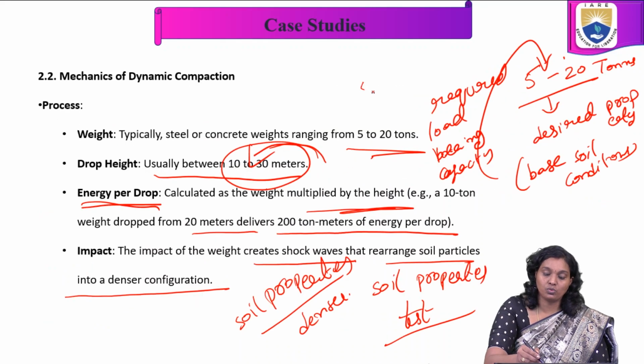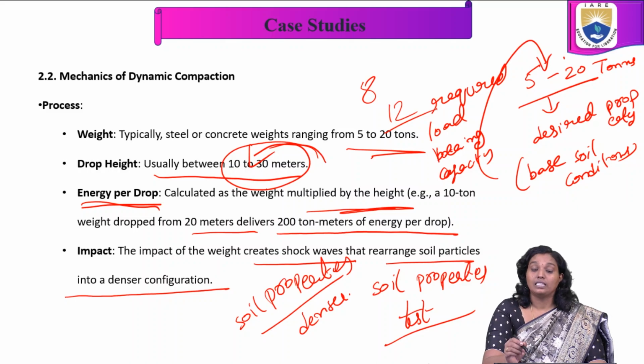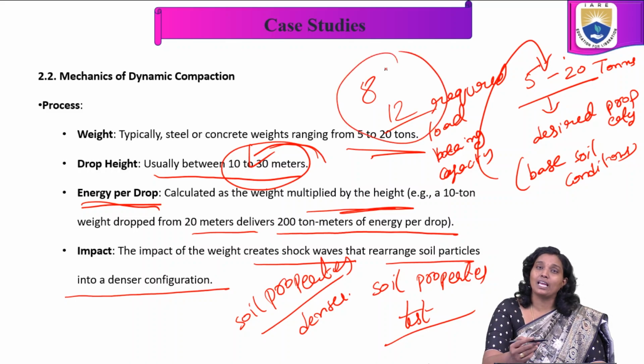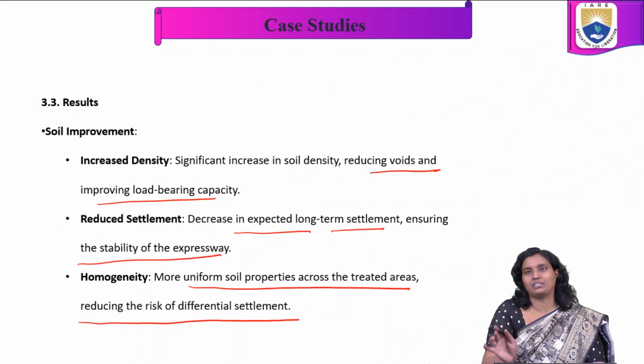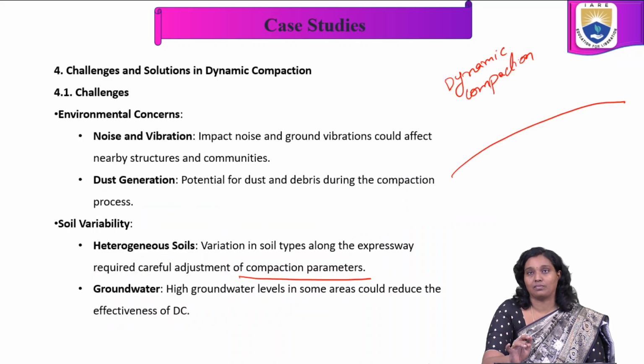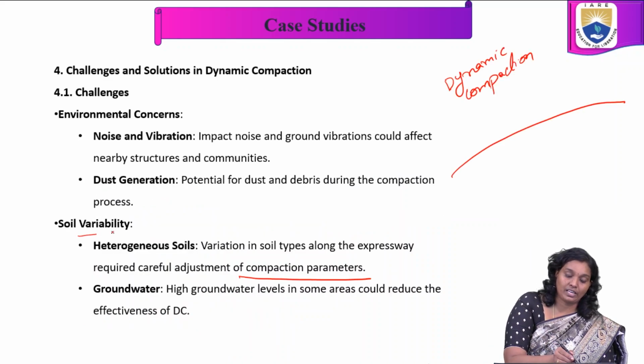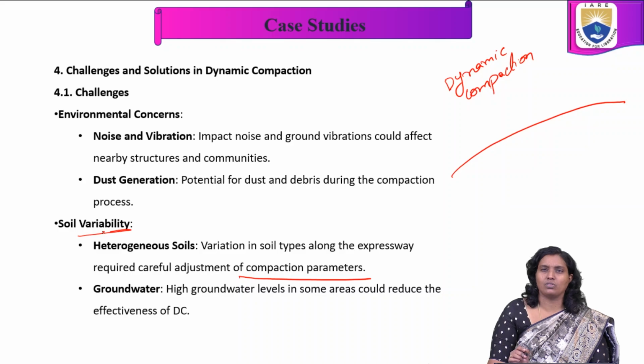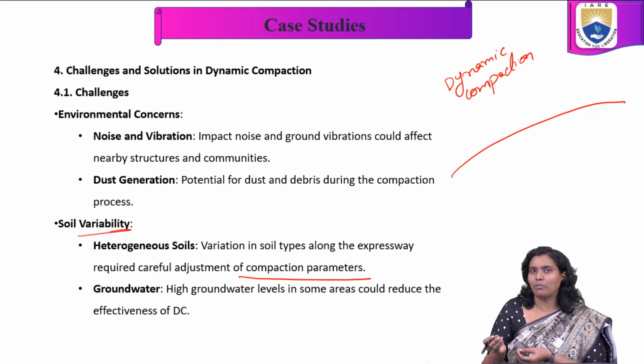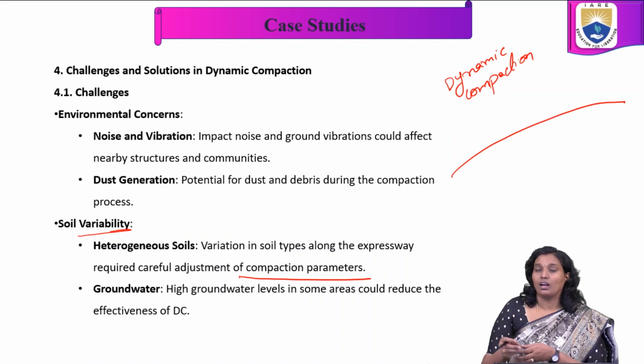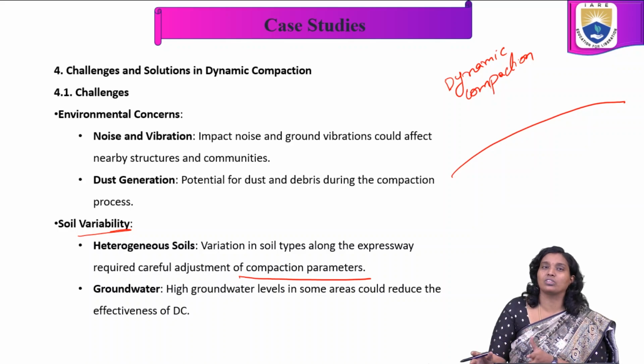For example, we may choose 8 tons from 12 meters height, but it may not be the same throughout the expressway; it is going to vary because of soil variability. In some cases we may choose 5 tons from only 10 meters height, maybe 10 tons from 30 meters height. These variations are there throughout.